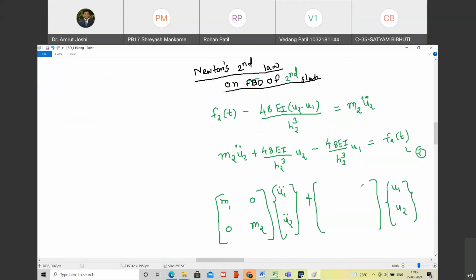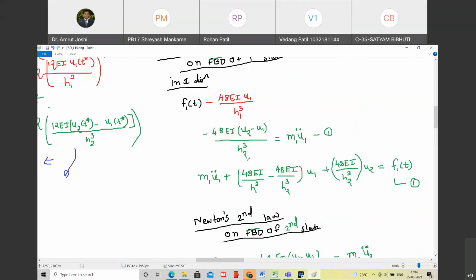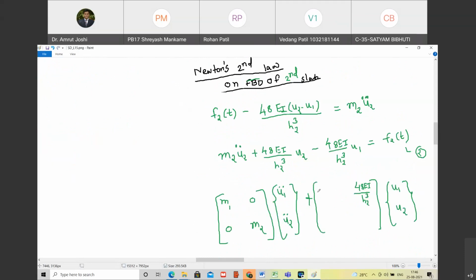So 48 EI upon H2 cube. Is that right? This will get multiplied by U2, and U1 is going to be 48 EI upon H1 cube. Is there something wrong with the sign? Just check the sign. Minus, this is minus. U2 minus U1. That's correct. Correct, sir.